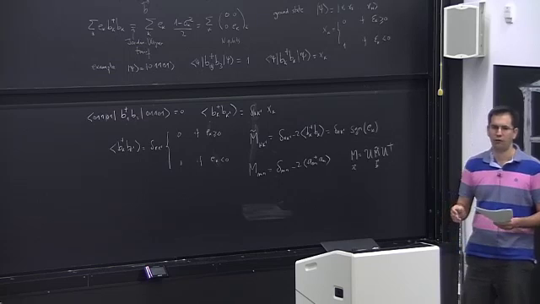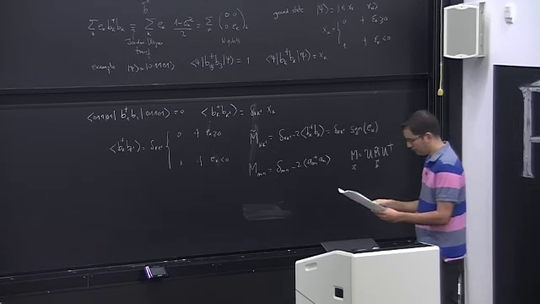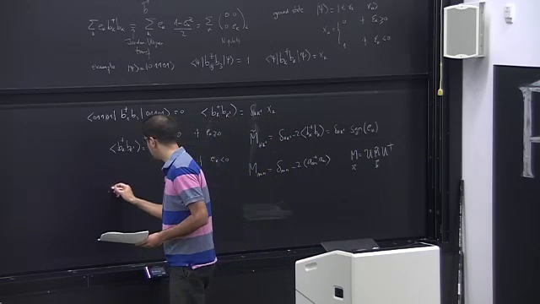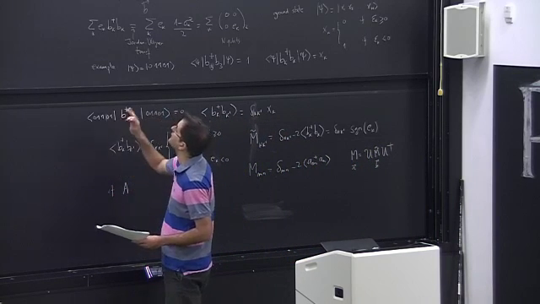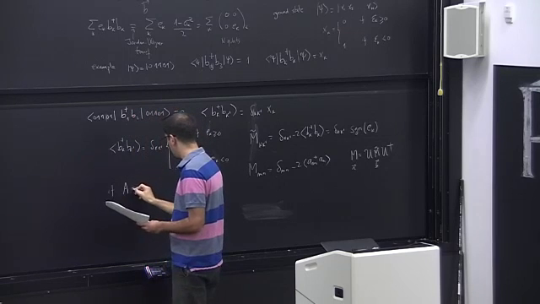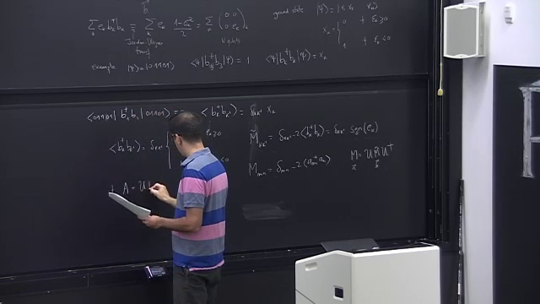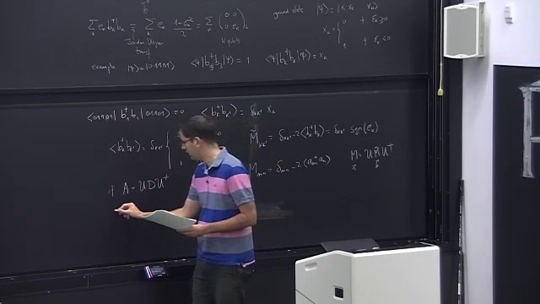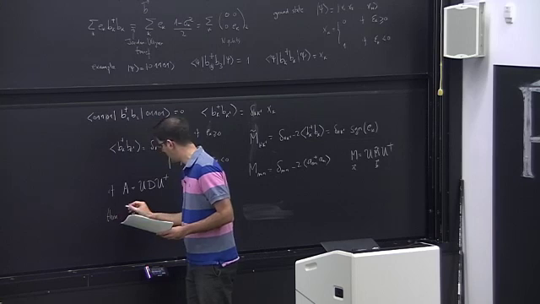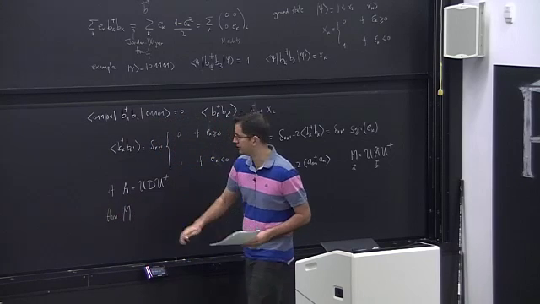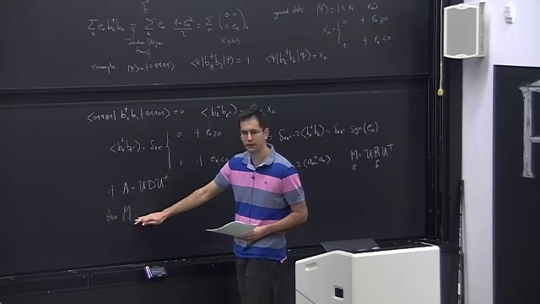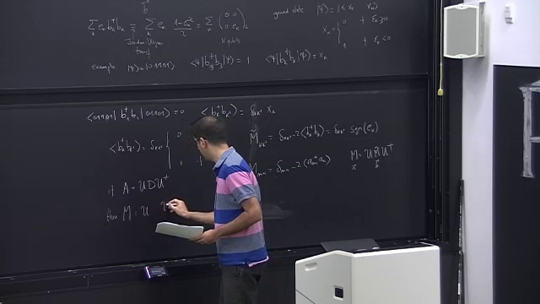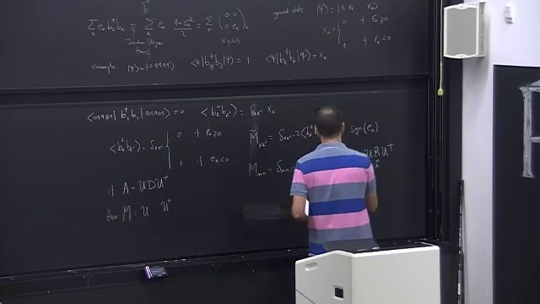Okay? So this is a simple derivation, but the key result is this. The conclusion is that if A, remember, A is characterizing the Hamiltonian up there, is diagonalized by U, and it has the form U D U dagger, then our matrix M, the correlation matrix for the ground state, is nothing but U times M tilde times U dagger.